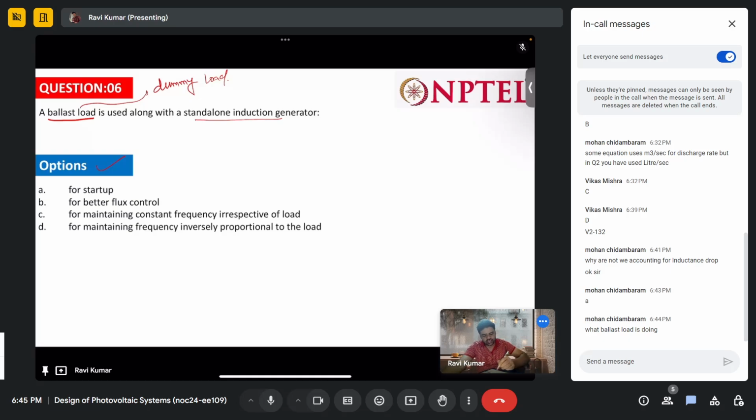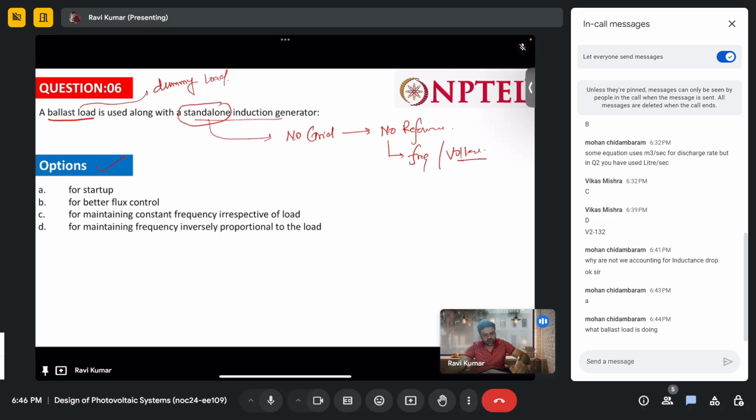See, this is a stand-alone system. It is not connected to any grid, so it means no reference point. Reference point for what? Frequency or voltage.